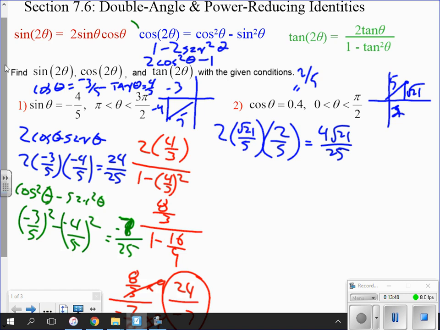Now with the cosine, I have choices, and it really doesn't matter a whole lot which one I do. But I've got a radical in there, and I just don't want to mess with the radicals if I don't have to. I don't have a choice on some of them. I do have a choice on the cosine one, because on the cosine of 2 theta, I can use the last one that I have there, 2 cosine squared minus 1.